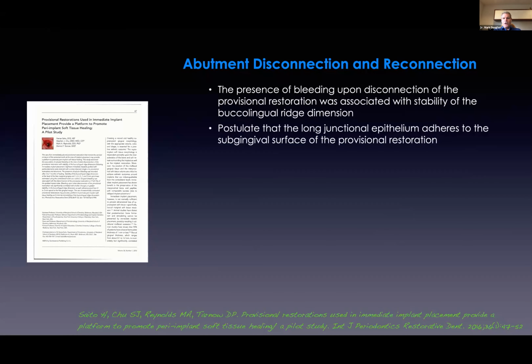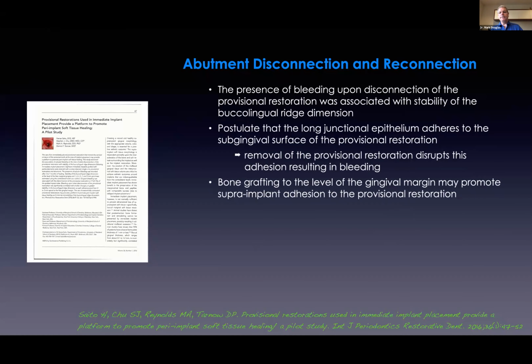They postulate that the long junctional epithelium adheres to the gingival surface of the provisional restoration. Removal of the provisional restoration disrupts this adhesion, resulting in bleeding. Bone grafting to the level of the gingival margin may promote supra-implant adhesion to the provisional restoration, but they had no control without dual zone grafting to support that statement.